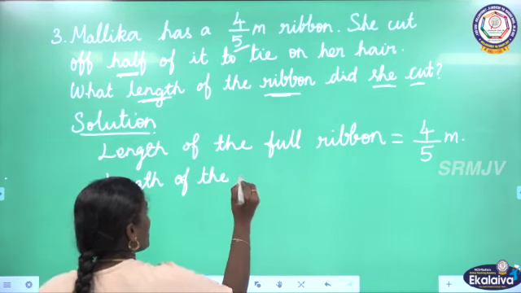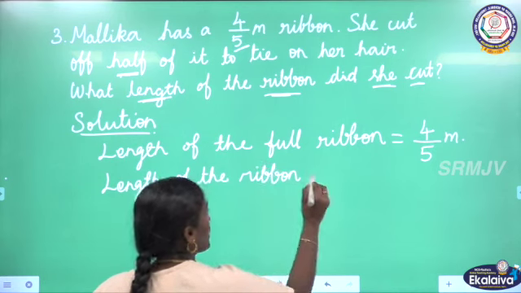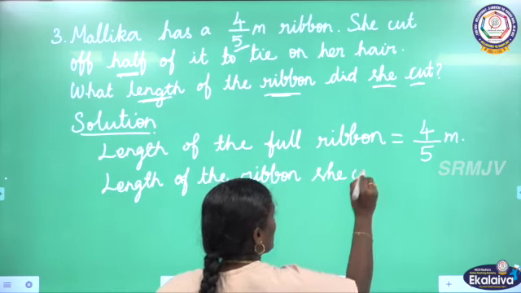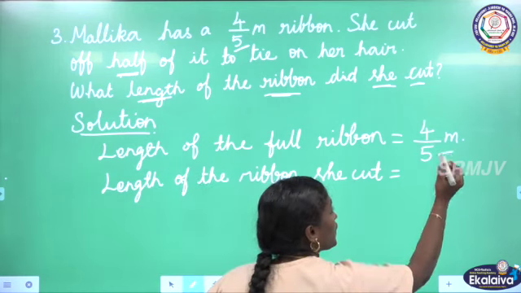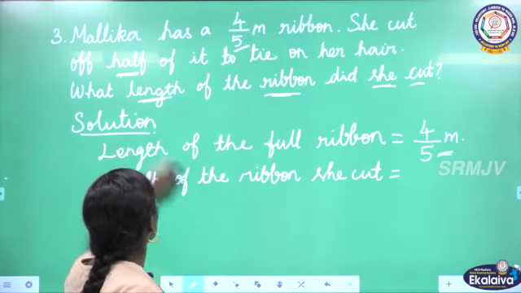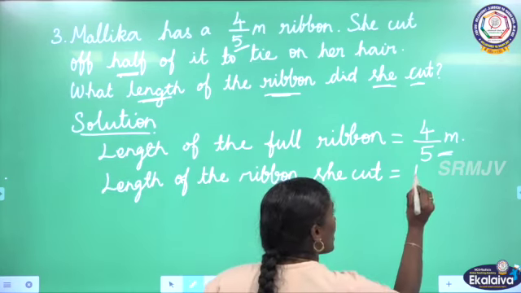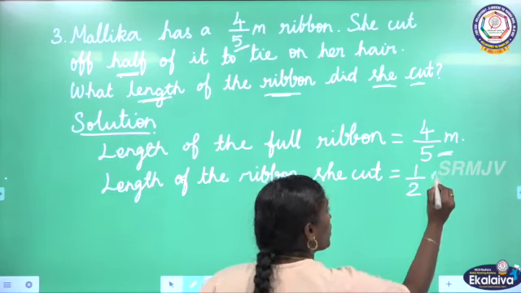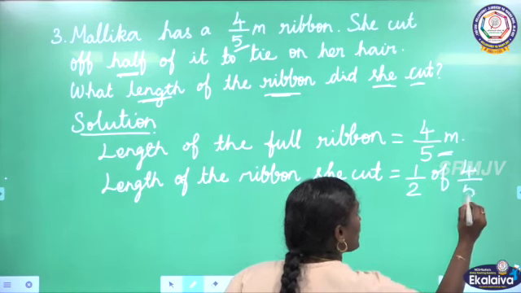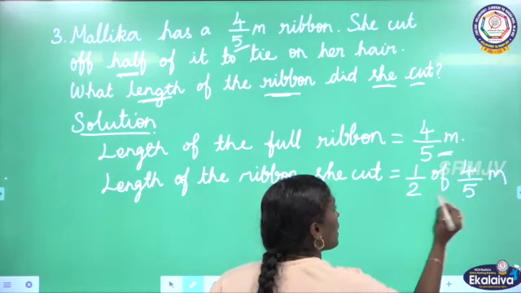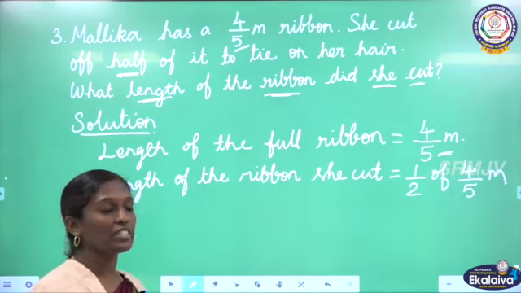To find it out, half of the full ribbon, isn't it? She cut half of the full ribbon. So we have to write half means 1 by 2. Half of the length of the full ribbon, 4 by 5 meter, is the length of the ribbon she cut.